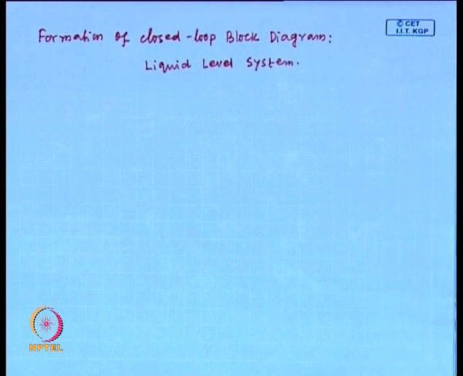We will discuss the formation of block diagram for a liquid level system. So, first we will draw the schematic of the liquid level system.